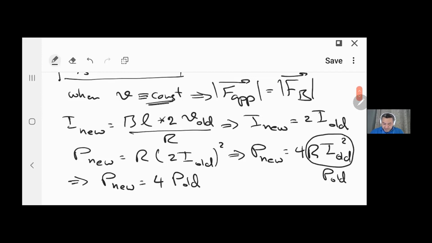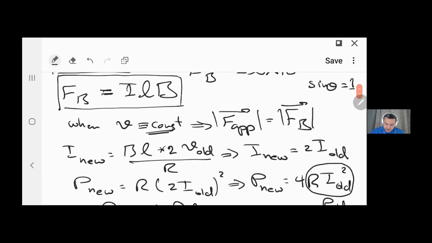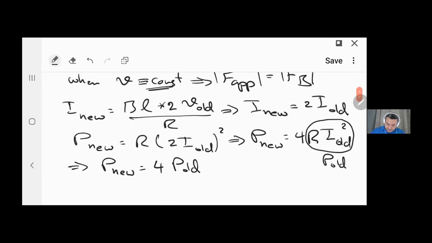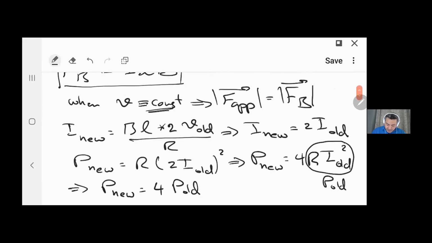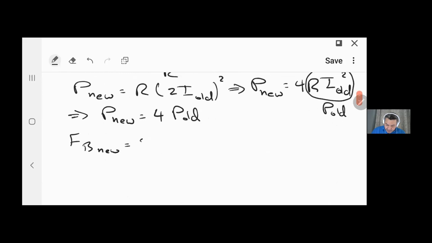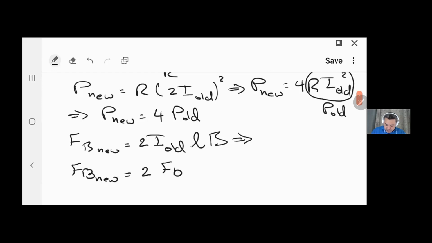Now what about the force? If I substitute now F_B new with 2I old L B, then F_B new would be 2 F_B old.